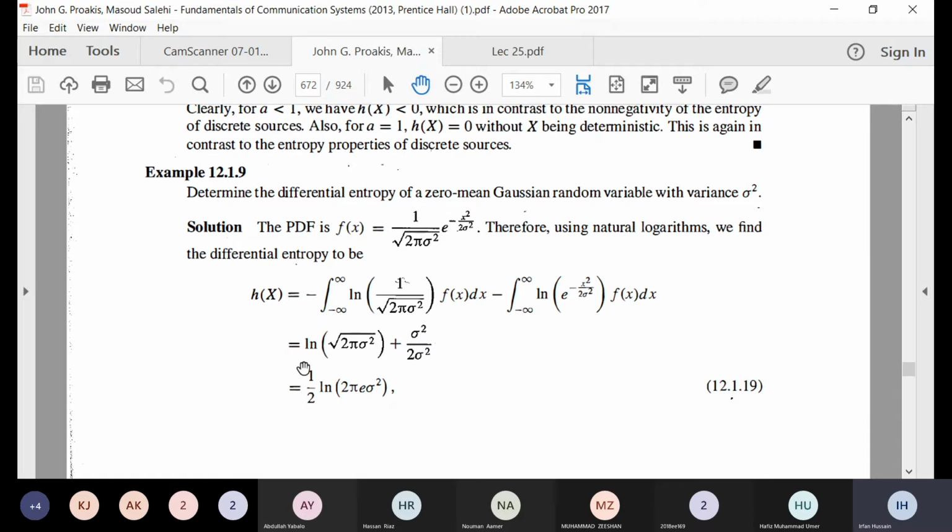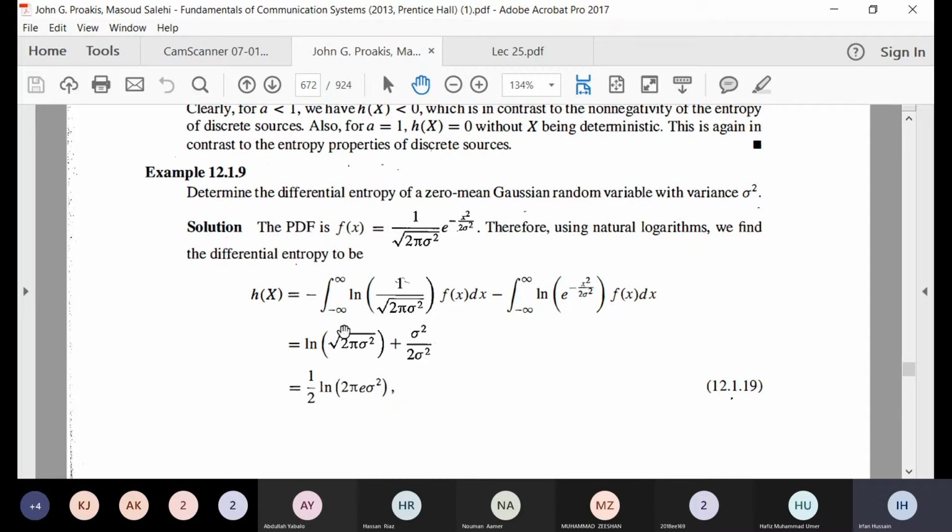Then you can combine these two terms. This will become log, this square root will become half of 2 pi, and sigma squared, sigma will cancel, so this will just become half. I can write this as log e to the half, and this half comes here as half log of e.